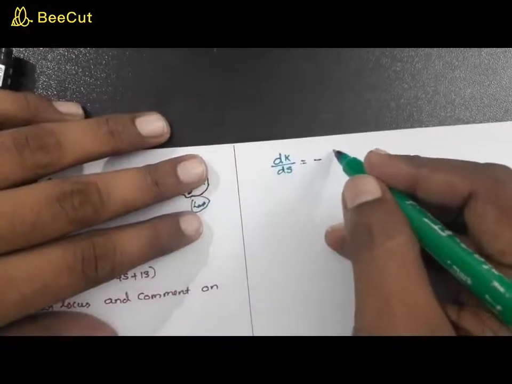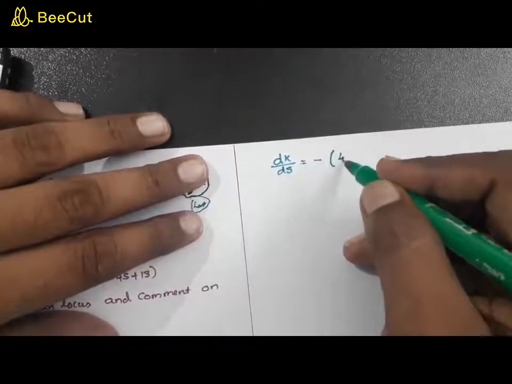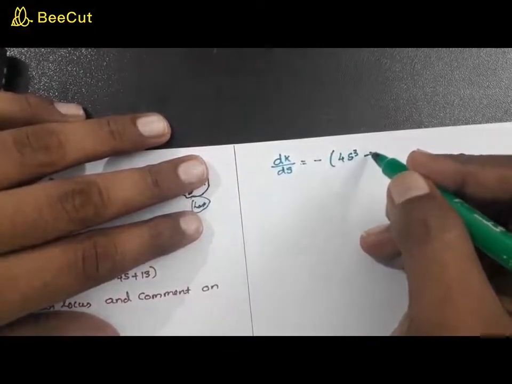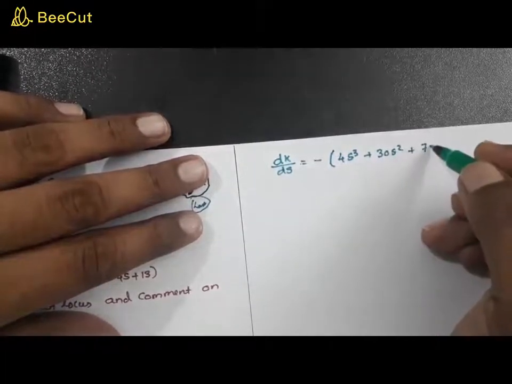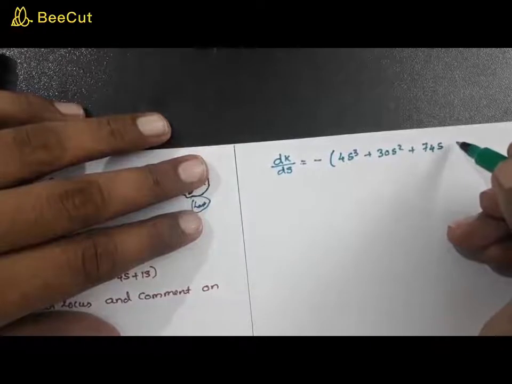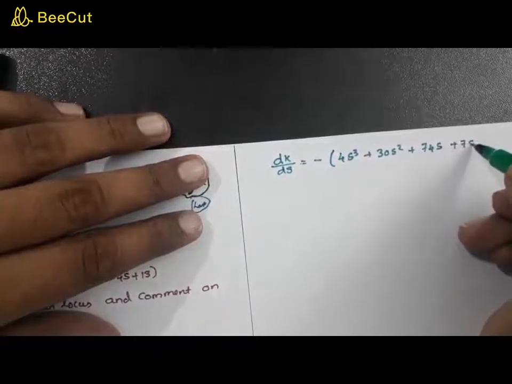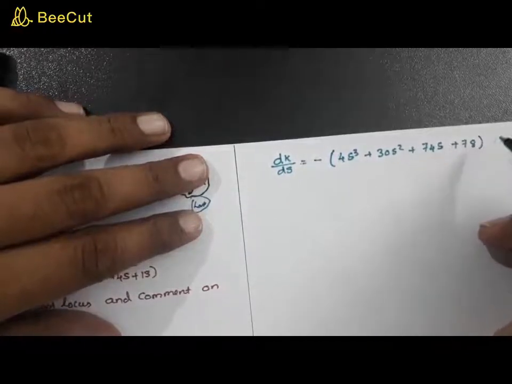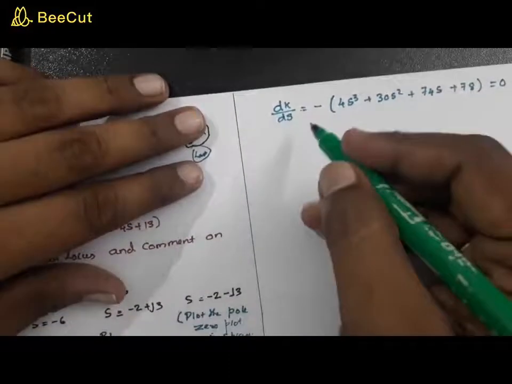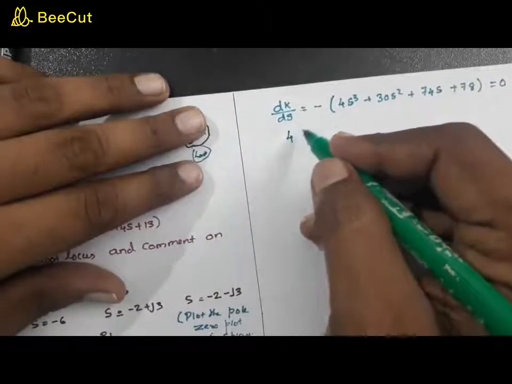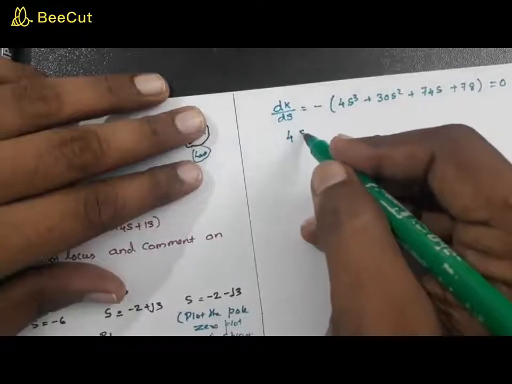Now you can differentiate this k with respect to s. Differentiating that, you will get minus 4s cube plus 30s square plus 74s plus 78, and that is to be equated to 0. This minus sign will get cancelled.